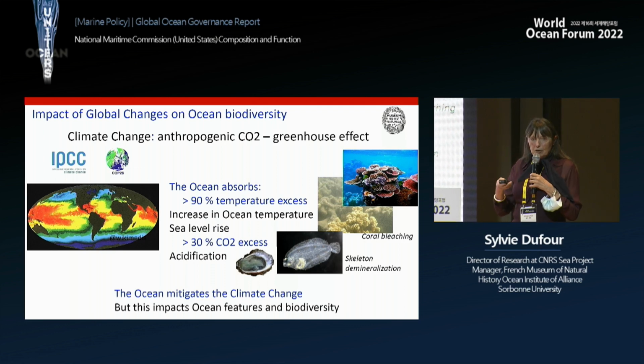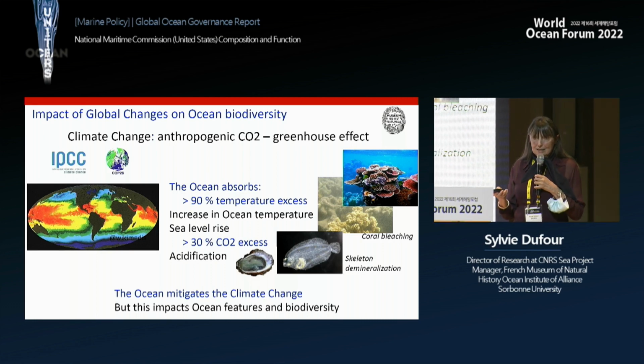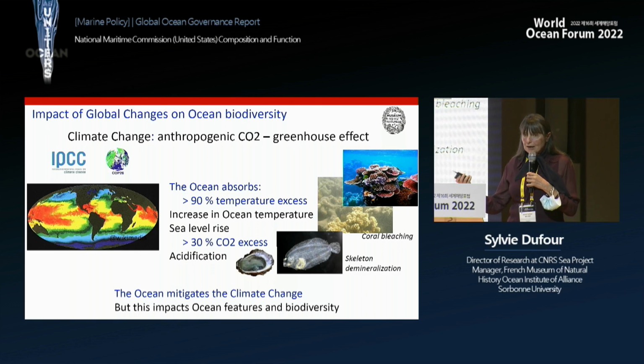Indeed, except birds and mammals, all the life in the ocean doesn't regulate its temperature, so it's directly affected by temperature changes. One famous impact is the bleaching of coral reefs due to the increase of temperature, but increased temperature affects all the physiology and development of organisms, including shifting the migration of fishes and other species.